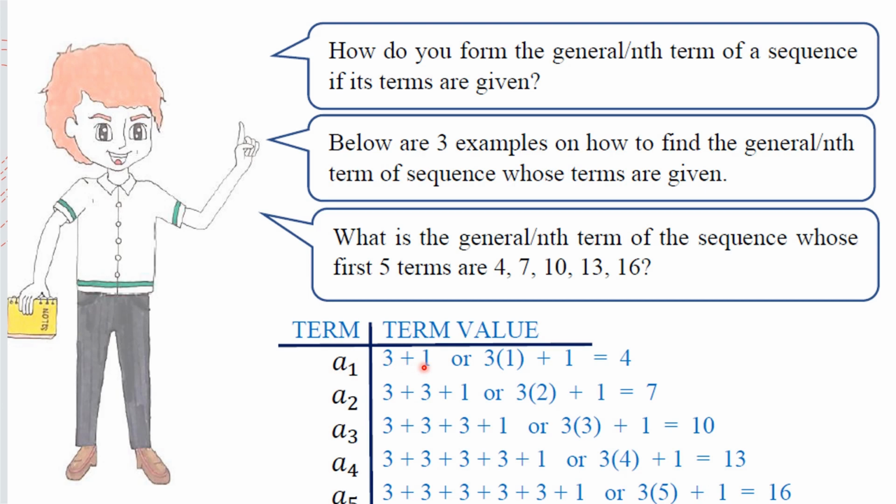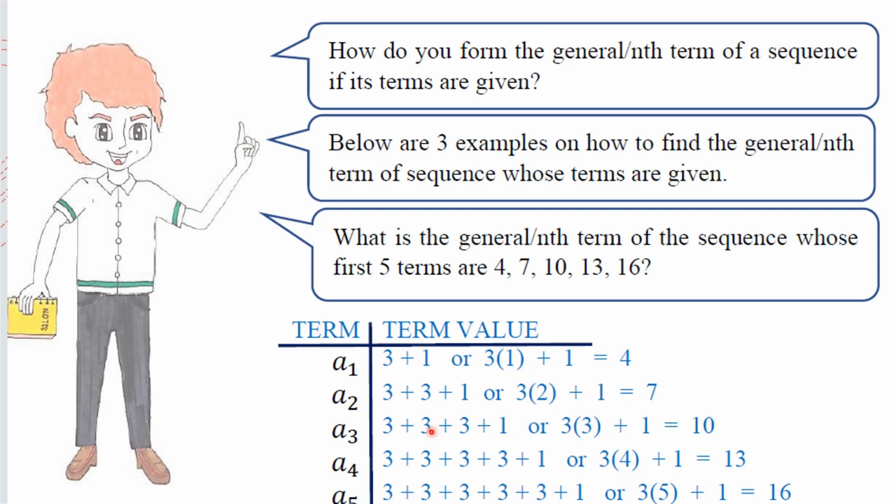4 can be written as 3 plus 1 or pwede rin na 3 times 1 plus 1. Diba? And for the second term, 7, pwede pong isulat ang 7 as 3 plus 3 plus 1, or we can rewrite that as 3 times 2 plus 1, 7.